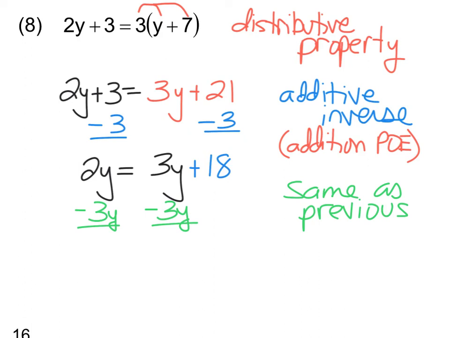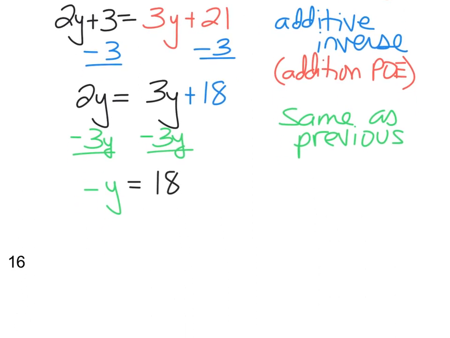All right, so I'm looking at negative y equals 18. Final step. Divide or multiply each side by -1. Gives us y equals negative 18.